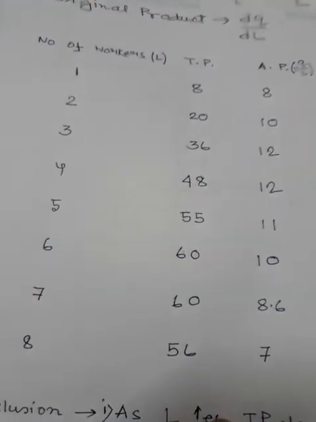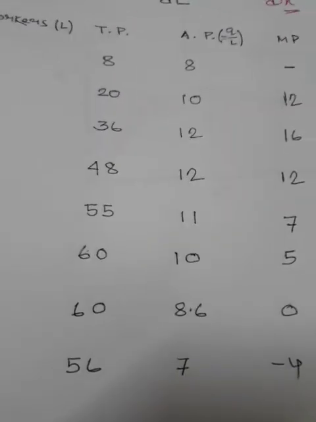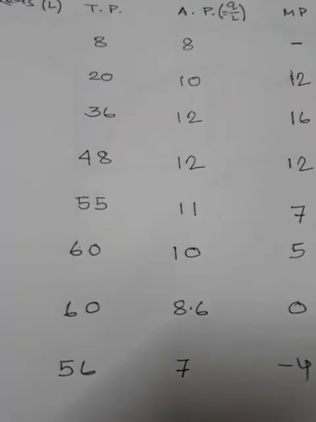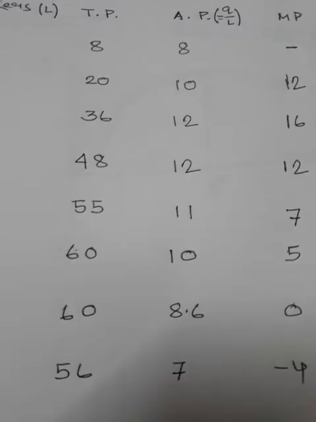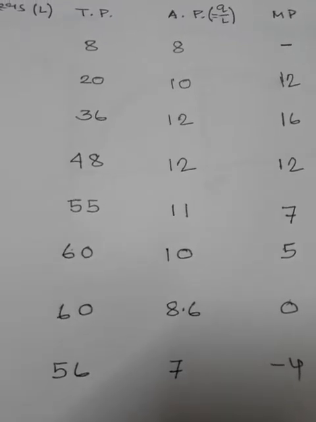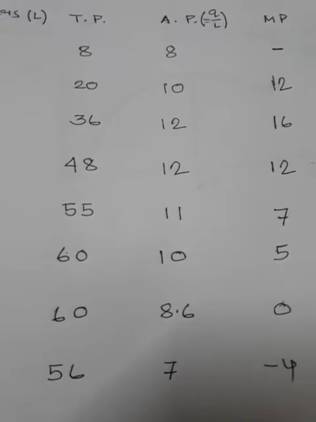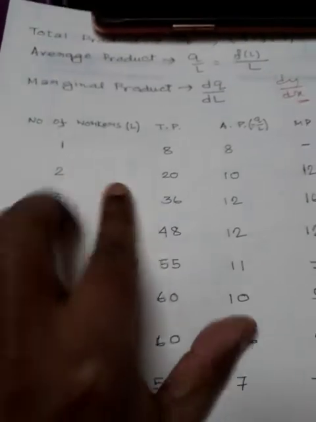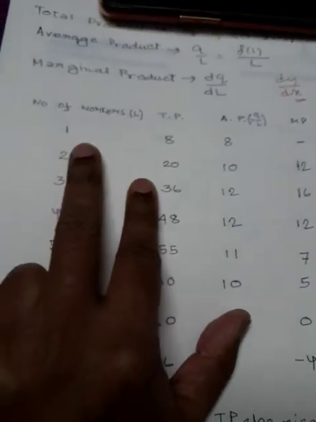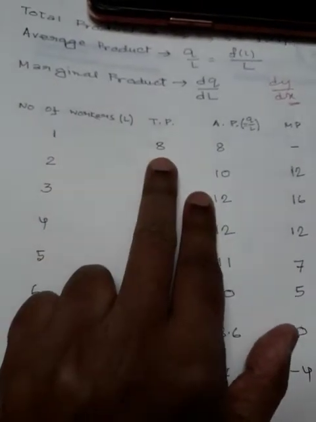Okay. Now we will add another column, that is marginal product. What do you mean by marginal product? For a unit increase in labor, the change in total product. So let us look at this. When labor was 1, total product was 8.